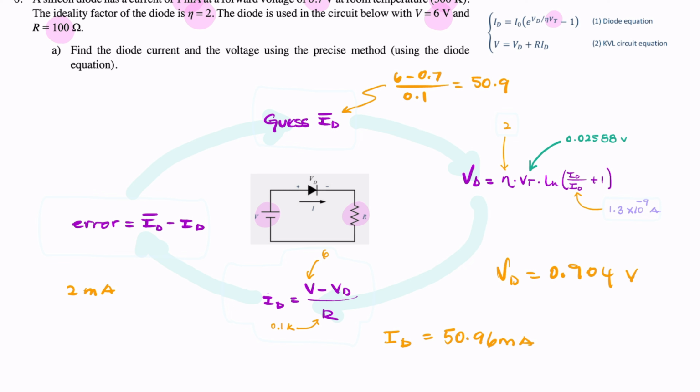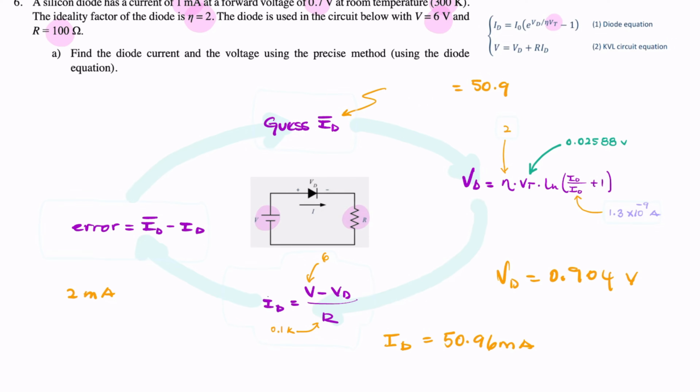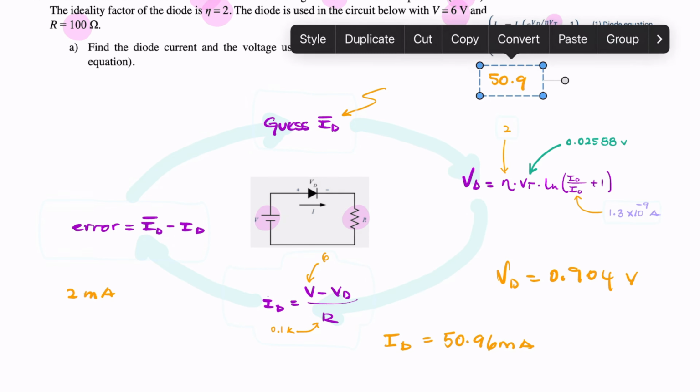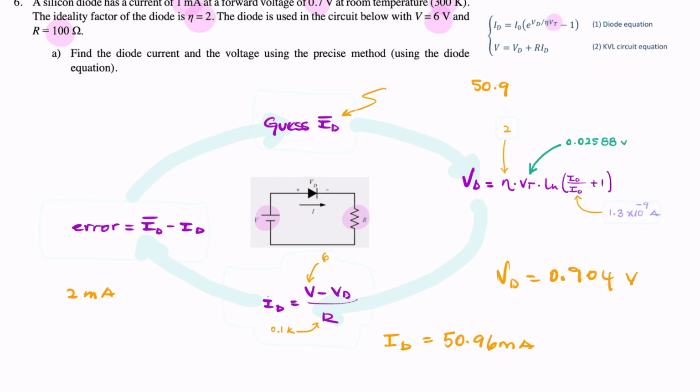And now my error is still in the order of 2 milliamps, so the error isn't really reducing very much. We could keep going around this cycle indefinitely, but I think we've gone round twice and we've got to 50.96, and the error doesn't look like it's changing much, and it's in the order of 4%.